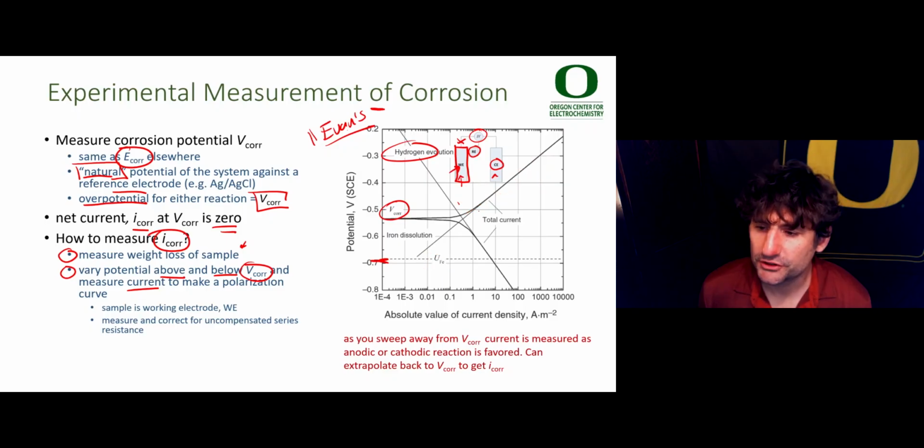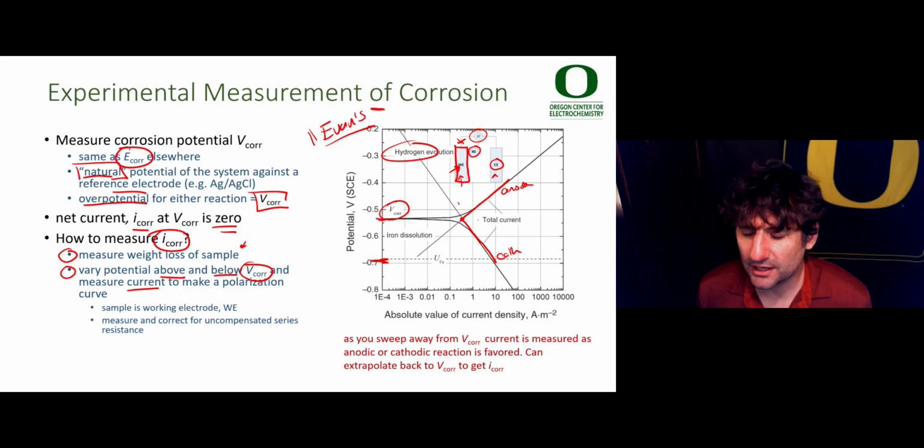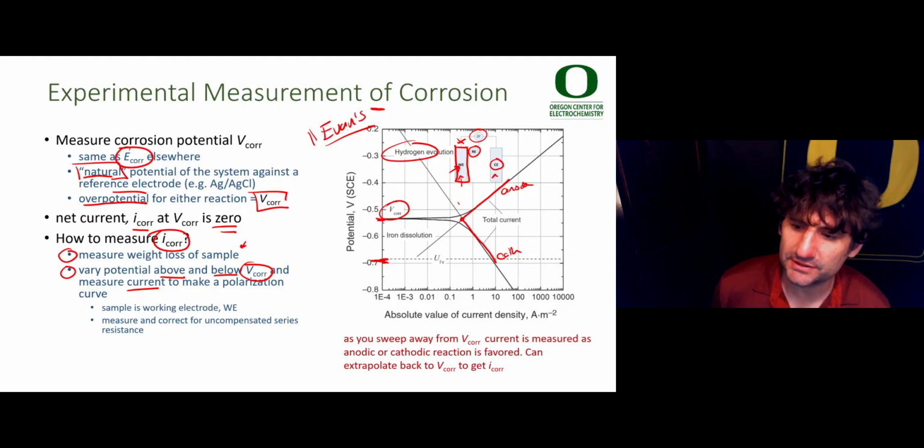polarization curve. Once we have this polarization curve with these two branches, we can extrapolate back to what the current would be for either the anode or cathode at the steady state corrosion potential. Remember, the cathodic and anodic currents cancel, so the net current's actually zero at this potential.